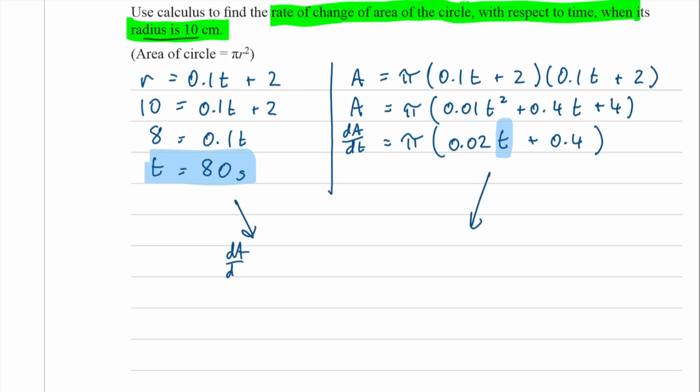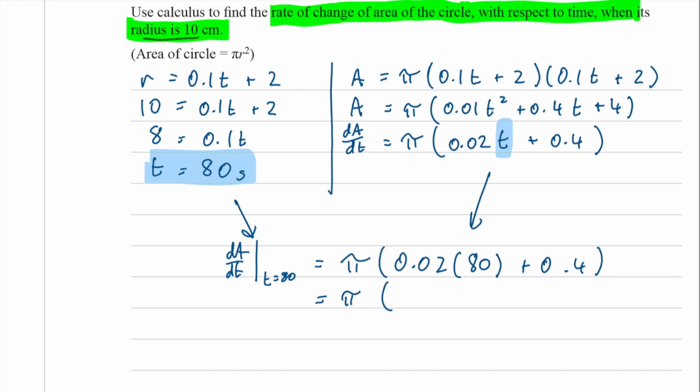So dA with respect to dt, if you want to be fancy, you could write this line. Evaluated at time equals 80 is equal to pi (0.02, substituting in 80 for t, plus 0.4). 0.02 times 80, what's that? 2/100ths, so 1/100th is 0.8, 2/100ths is 1.6, plus 0.4, adding those gives 2, so we're left with 2 pi.